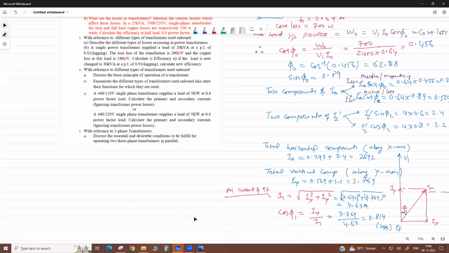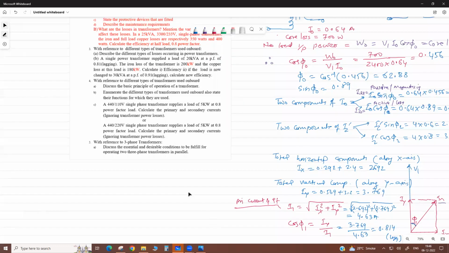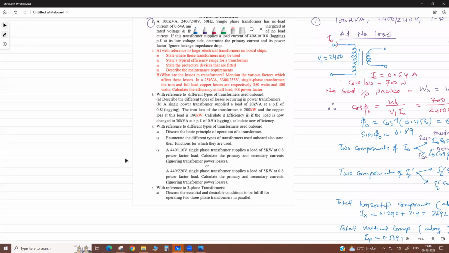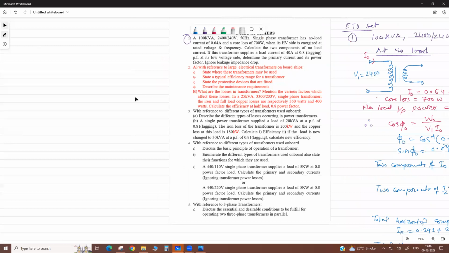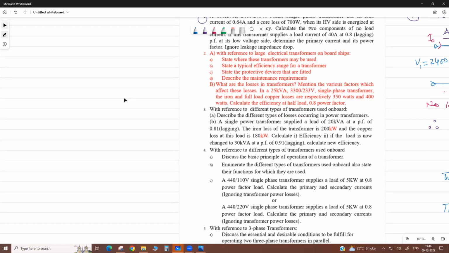Now there are questions on losses and efficiency of transformer. Like here, this second question. With reference to the large electrical transformer on board, state where this transformer may be used for power distribution, like at a generating station, and this intermediate station in transmission and distribution line, then in power distribution at the end user, like on board.